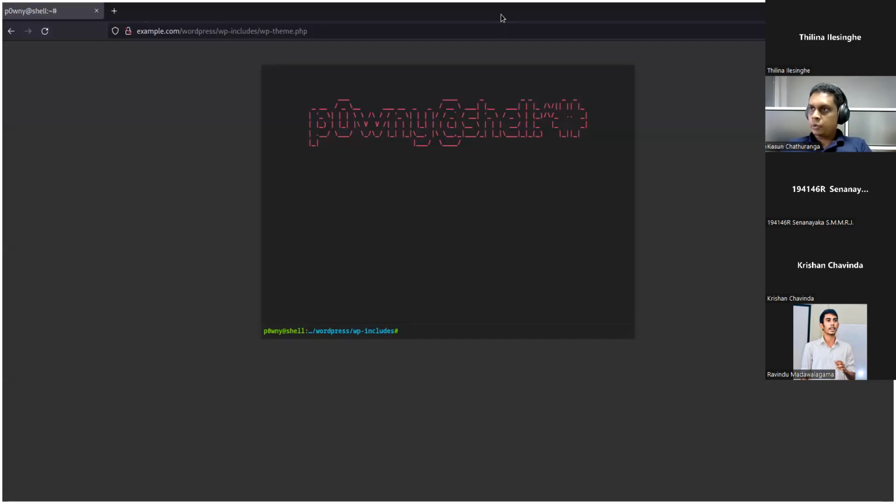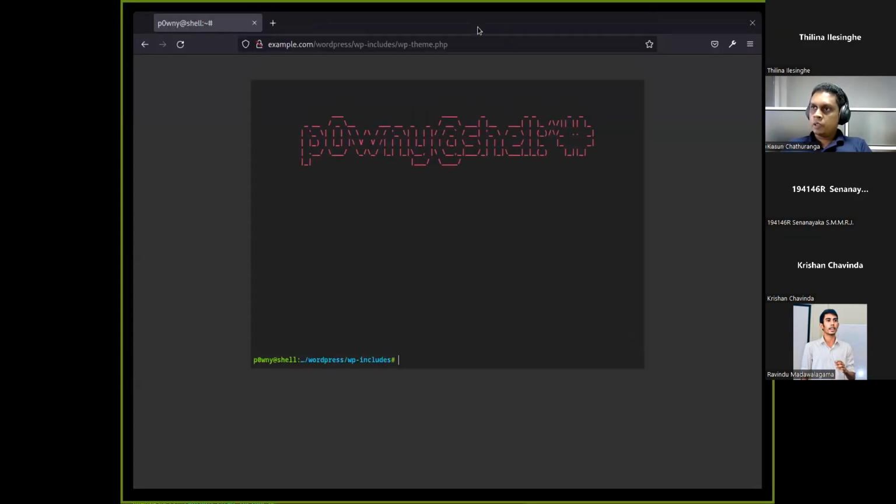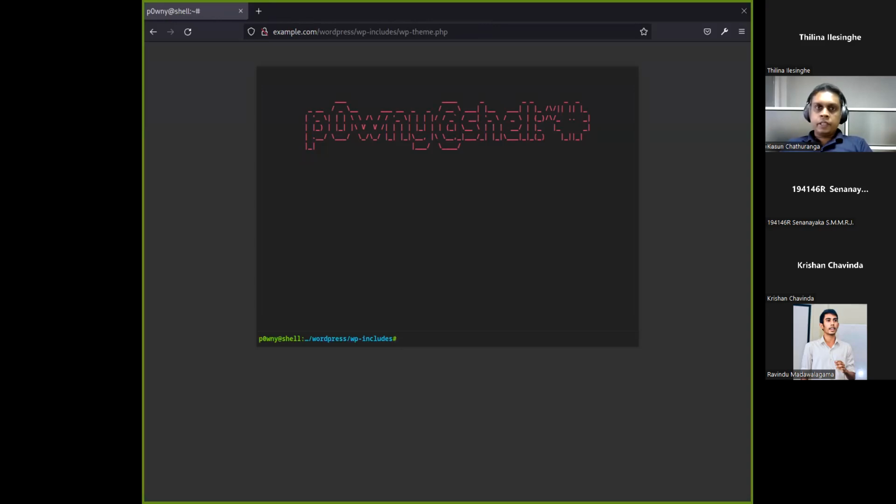Okay, hope you can see my screen. After an attacker gets into the website, in most cases they plant something called a web shell. This is actually a backdoor where the attacker can control almost all the content of the website. So this is a single web shell like that.